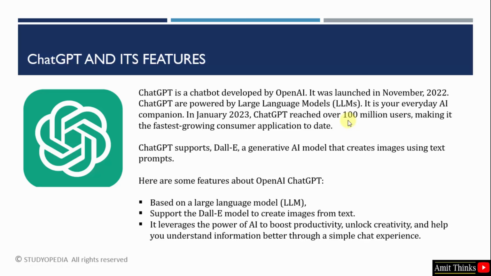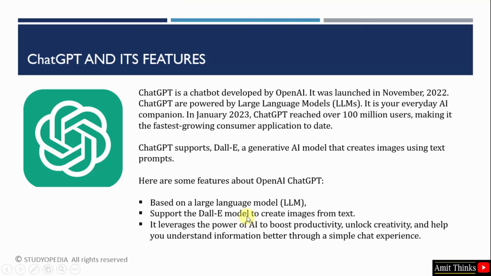It was launched in November 2022 and it became the fastest growing consumer application because it completed 100 million users in January 2023. It also supports DALL-E, a generative AI model that allows you to create images using text prompts. Okay. Now let us see some features of OpenAI ChatGPT.